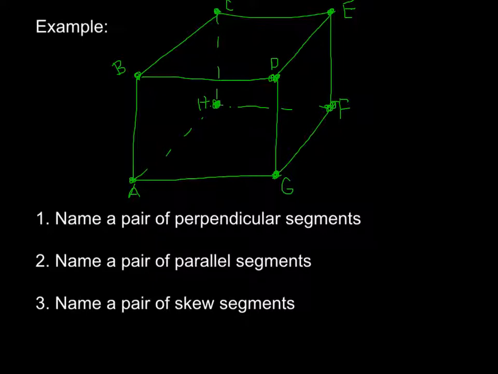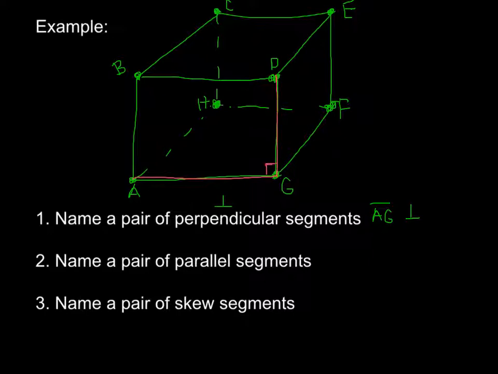Name a pair of perpendicular segments. So we have to think of two segments that have right angles. Remember, perpendicular looks like this. Okay, so I could say, again we're talking segments, segment AG is perpendicular to, let me pick a different color here, we'll go with this one, segment AG is perpendicular to DG, right?